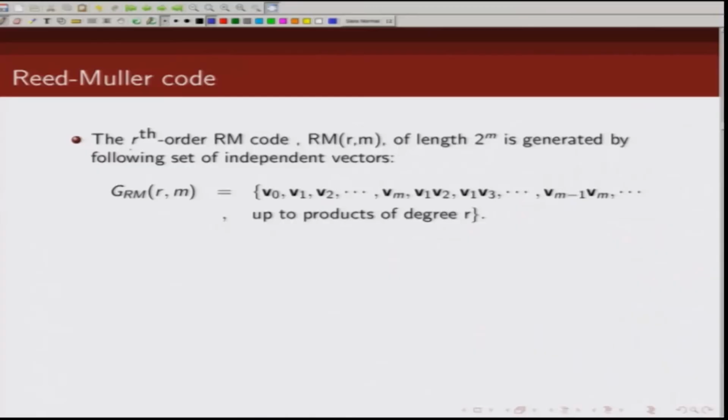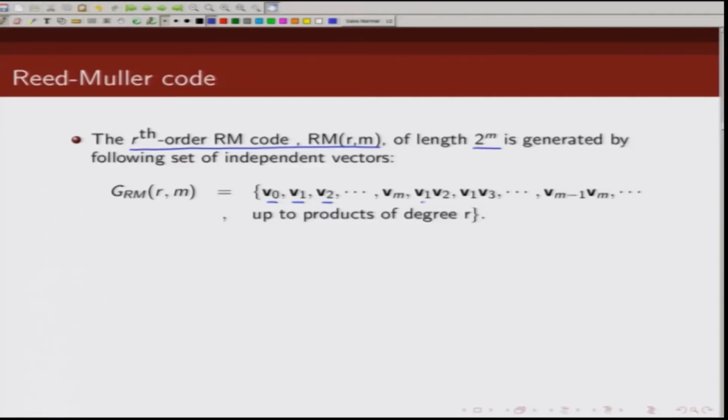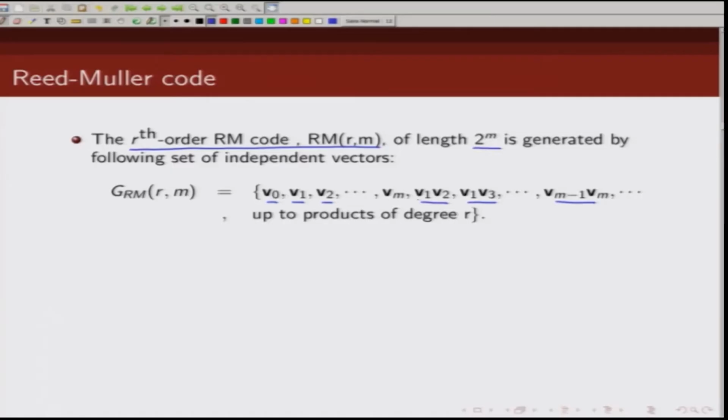So, an rth order Reed Muller code of length 2 raised to power m can be generated by the set of independent vectors V0, V1, V2, then Boolean products of second order, which are V1 V2, V1 V3, these are all second order products, then we will have third order products, fourth order products, depending on what r is. So, we generate Reed Muller code using these tuples V0, V1, V2 and their Boolean products.